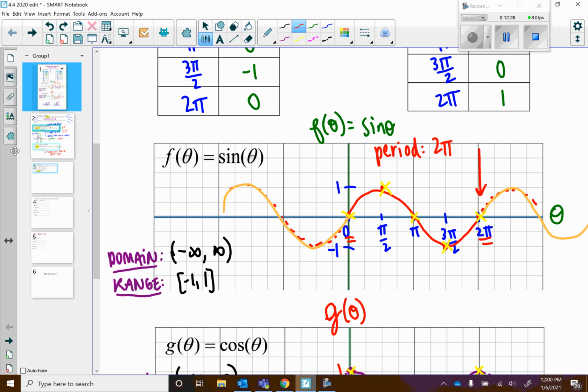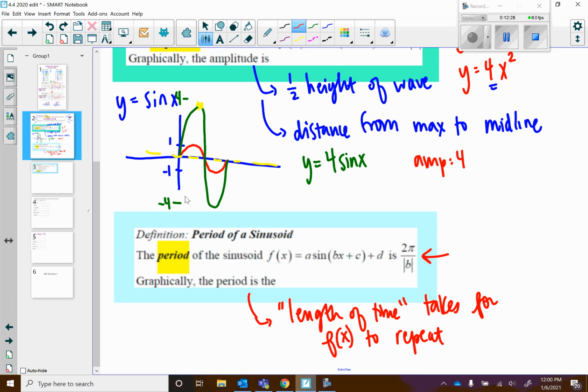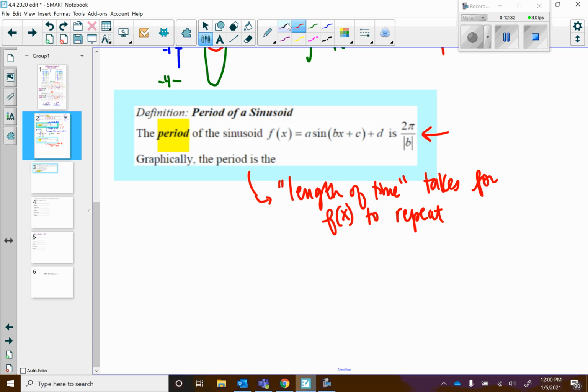Thus, if we look at the quote-unquote regular period of a sine or cosine function, the period of sine and cosine is 2 pi. That is of the parent function.